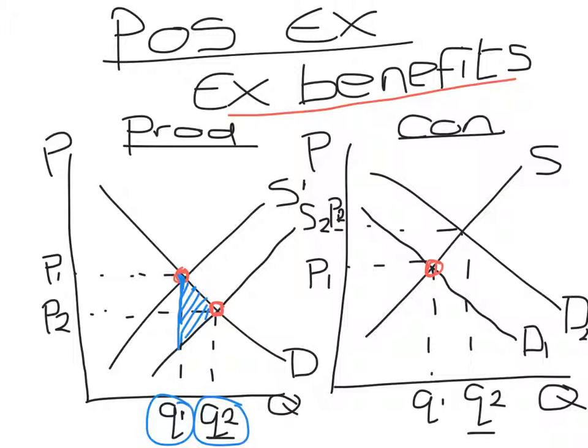If they could actually internalise those external benefits, as I was saying, the equilibrium would be here. This is the socially optimal equilibrium, but they can't. They can't actually feel those external benefits because those accrue to a third party. So they are here at P1, Q1.